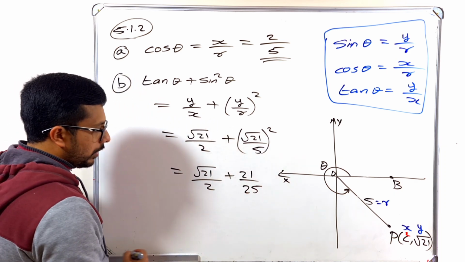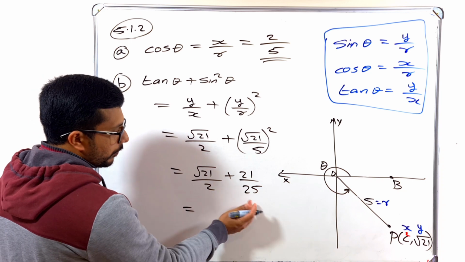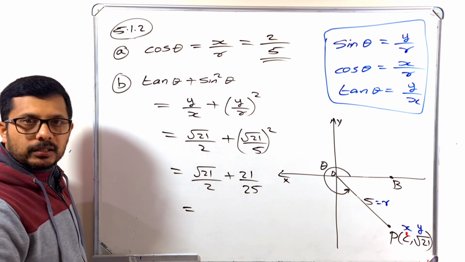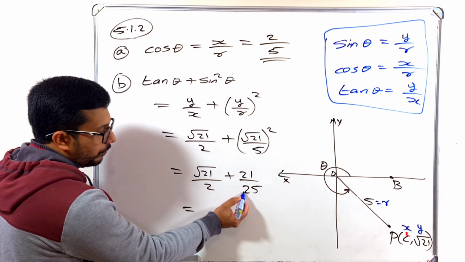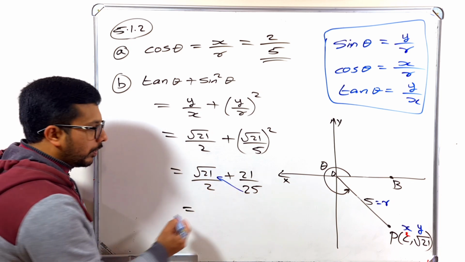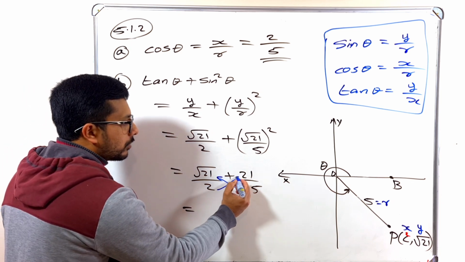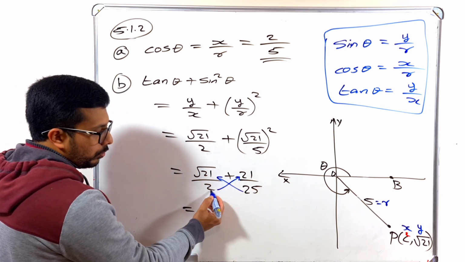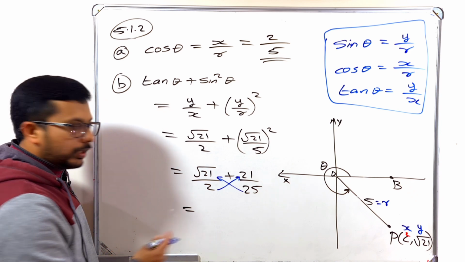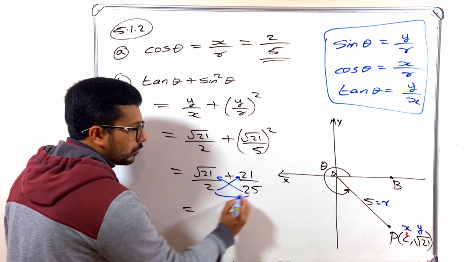If I take the LCM, how can you find the LCM easily? One method: multiply this 25 with this root 21, then multiply the 2 with the 21, then multiply the two denominators.